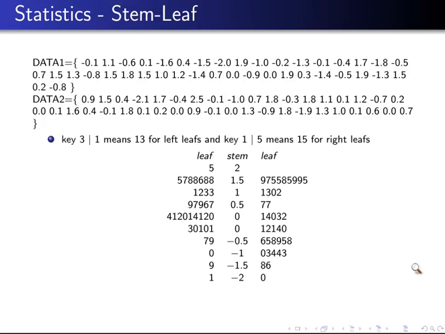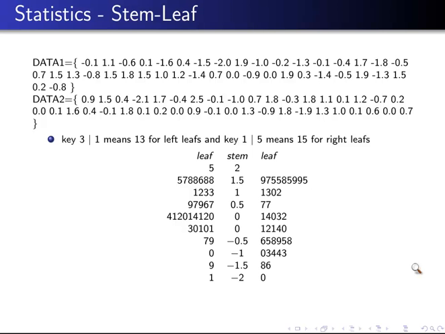So we begin by saying what the key is. Key 3 bar 1 means 1.3 for the left leaves, and key 1 bar 5 means 1.5 for the right leaves. So then we just have the stem and the 2 leaves.